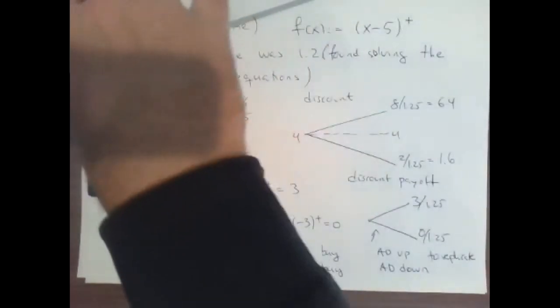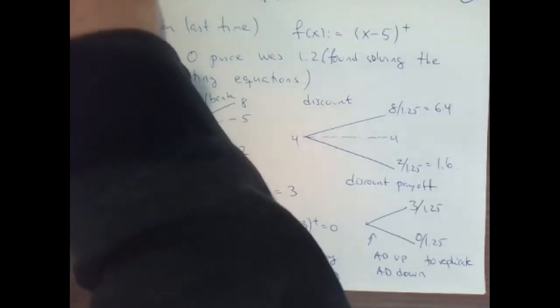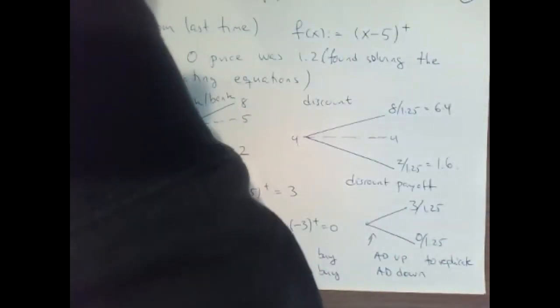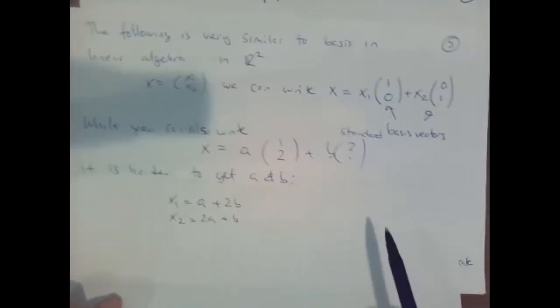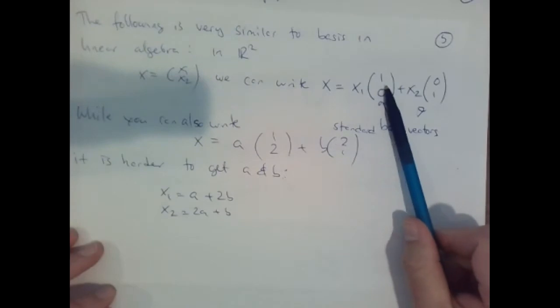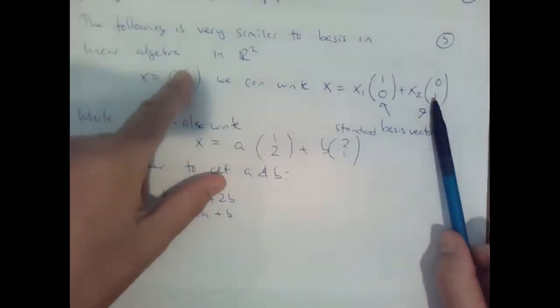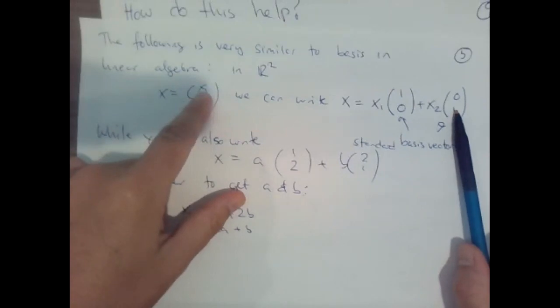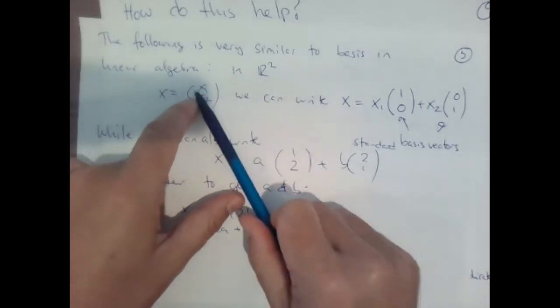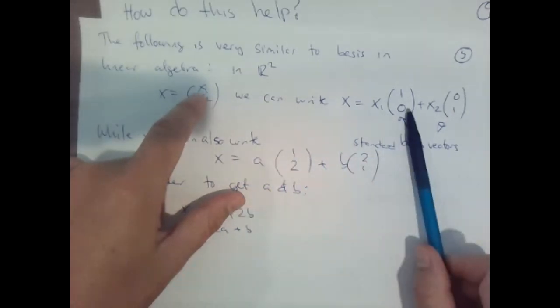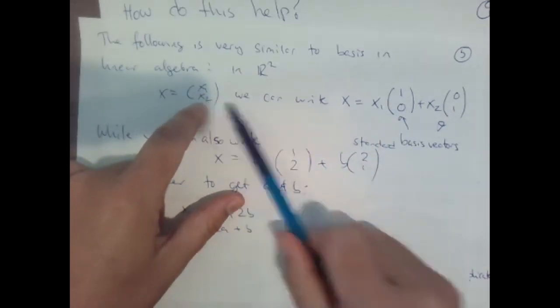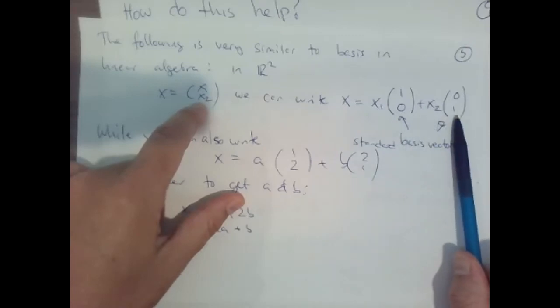How did we get this in linear algebra? We did the linear algebra part. How did I find out how many of this vector I need and how many I need of that vector? Well, I looked at the coordinates. So I just take whatever the first coordinate is times the first basis element, whatever the second coordinate is times the second basis element.